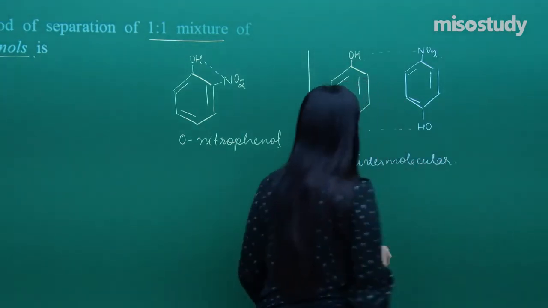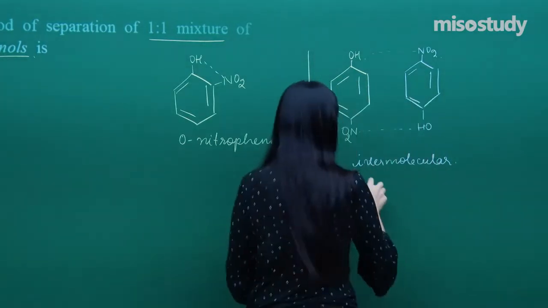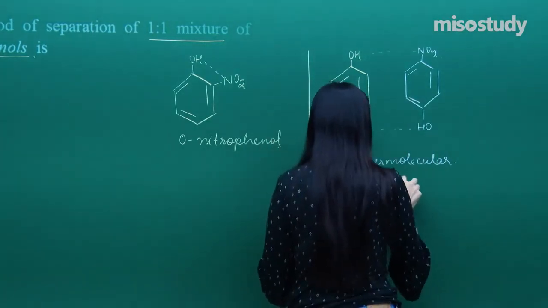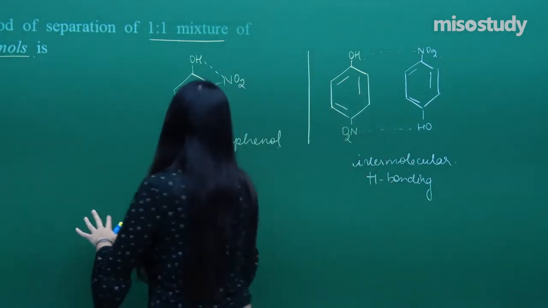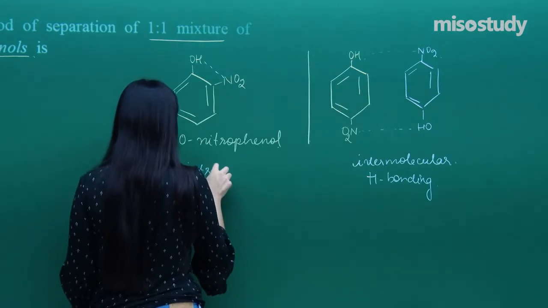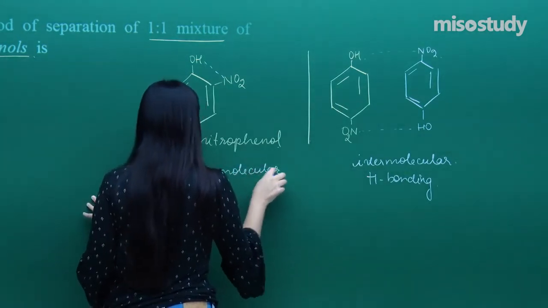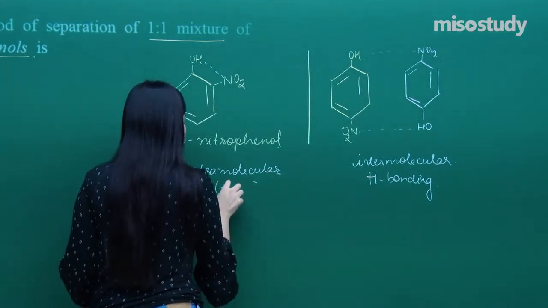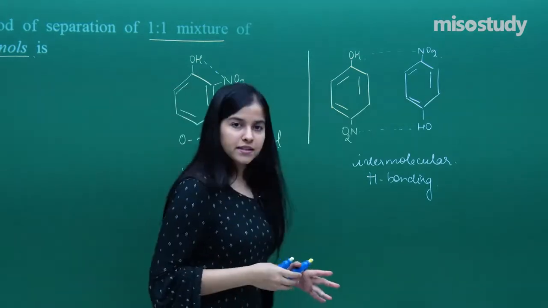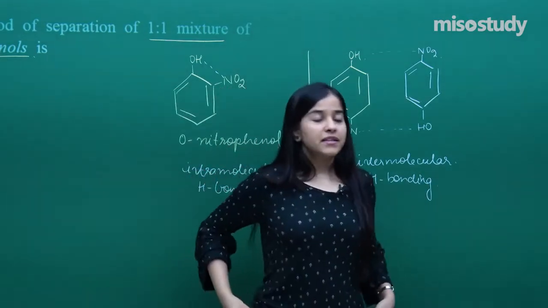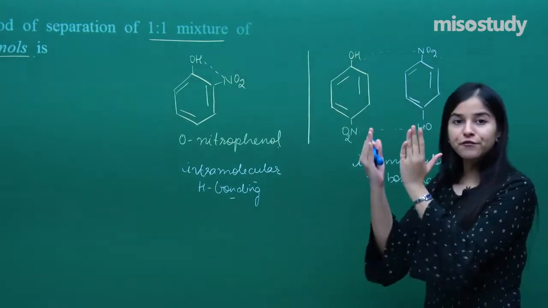So what can you infer from this data? That there is intermolecular H bonding, right? What can you conclude over here? And there is intramolecular. So what we conclude is there is intermolecular H bonding between the different molecules.